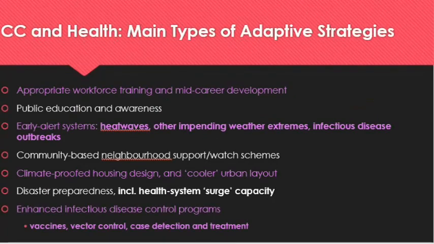So, climate change and health, main types of adaptive strategies: appropriate workforce training and mid-career development, public education and awareness. So, alert systems sa mga heat waves and other extreme weathers, community-based neighborhood support, yung mga watch teams, climate-proof design, as in, mas patitibayin yung mga bahay, mas magiging cost efficient, mas environmentally friendly, and mas matibay.